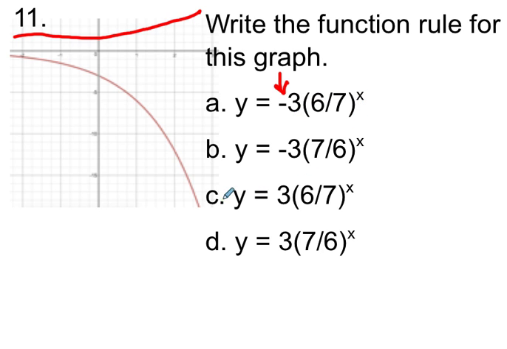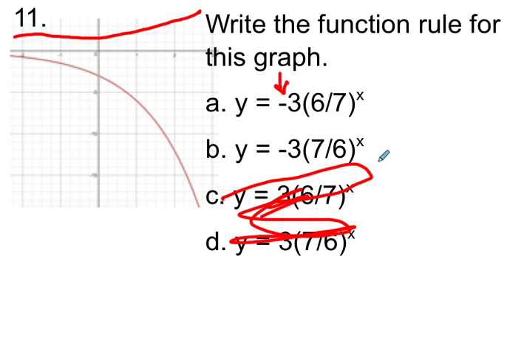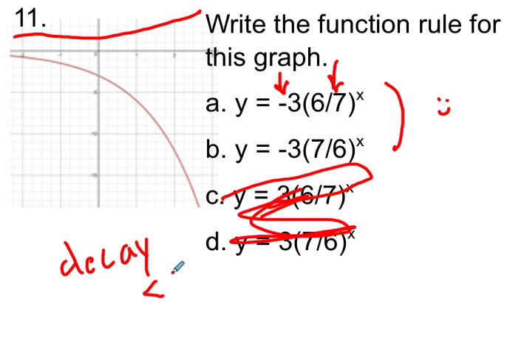So based on that, we're going to scratch out these two. It can't be them. It's got to be one of these two choices, right? So which one of these two could possibly be growth? And when we're looking at the factor here, this is either the growth or decay factor, we know that if it's decay, the factor is less than 1.